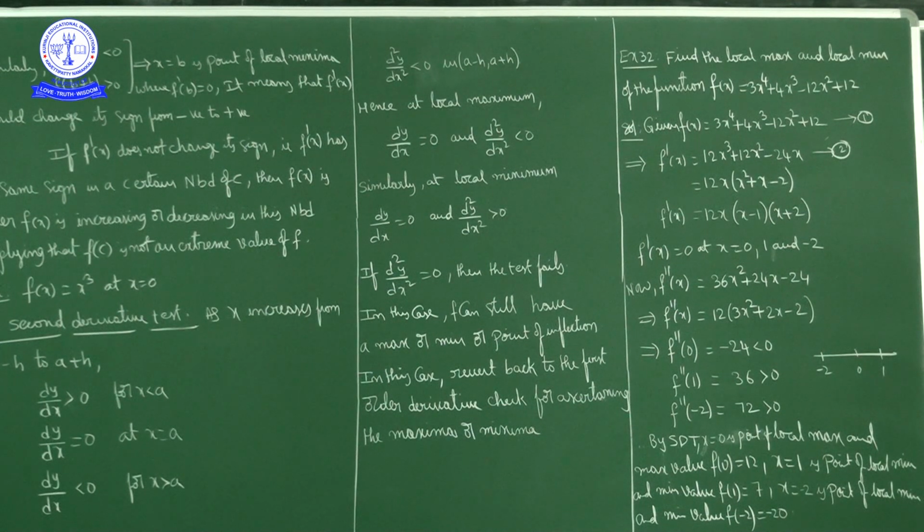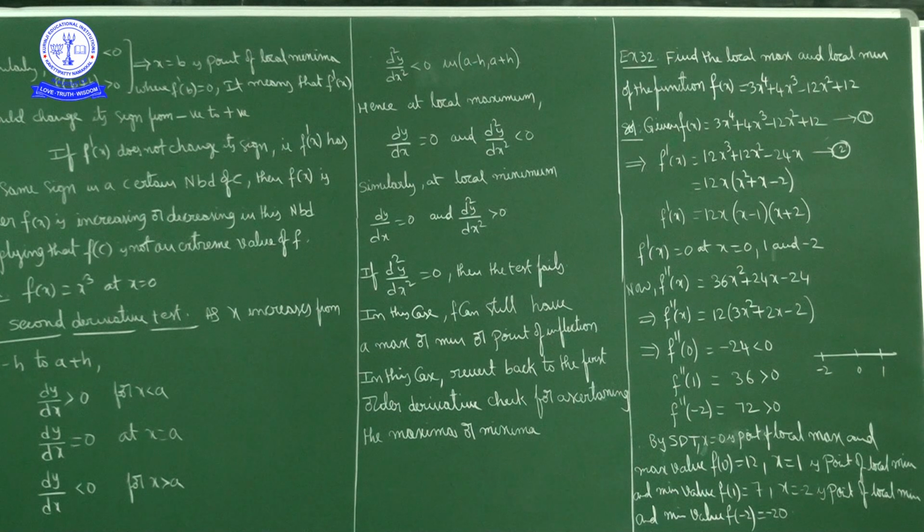So what we have to do is, first of all, for a given function find f dash of x, equate it to 0 and find the zeros of f dash of x, or the zeros of dy/dx. Then find f double dash of x at the points where f dash of x equals 0.